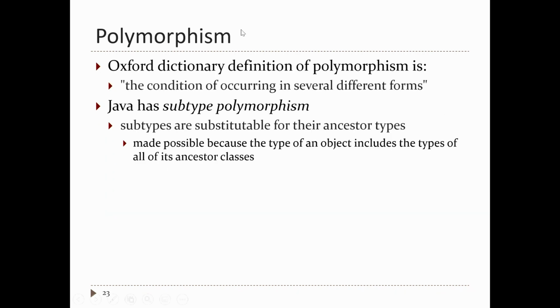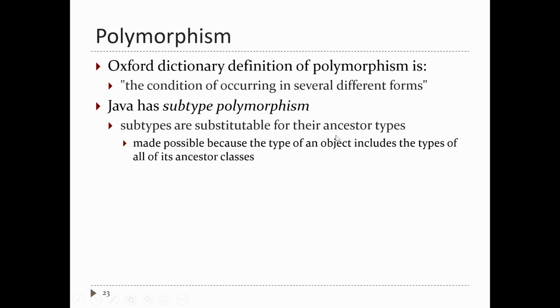All right, so the fact that almost every object in Java has more than one type leads to the concept called polymorphism. The dictionary definition of polymorphism is the condition of occurring in several different forms. So Java has what's called subtype polymorphism. Subtypes are substitutable for their ancestor types.